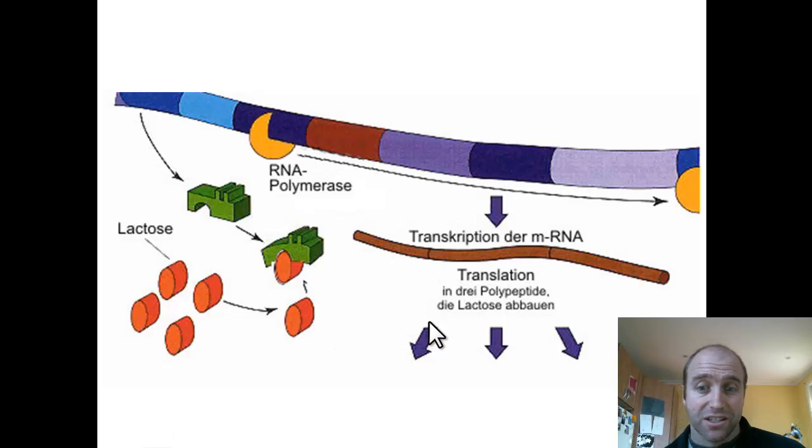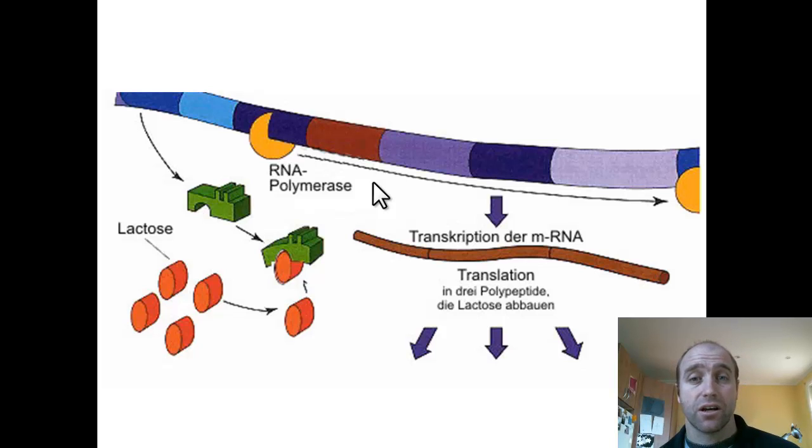The cool thing about this is when all the lactose is broken down, there's no longer lactose molecules to block the repressor protein. So when all the lactose has been broken down, the repressor protein can then fit back in to the operator gene, blocking the production of the enzymes that you don't need. Okay, a really effective way for a cell to switch on what it needs on and off.